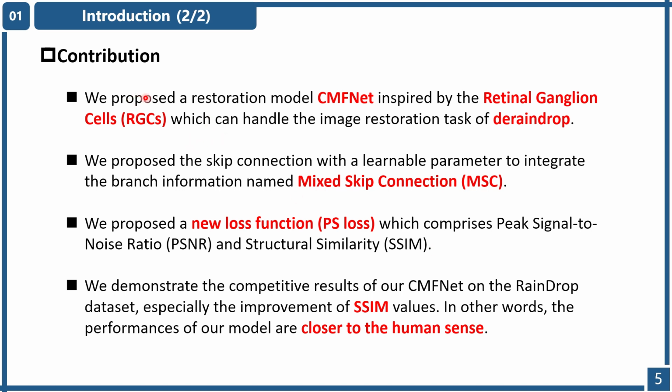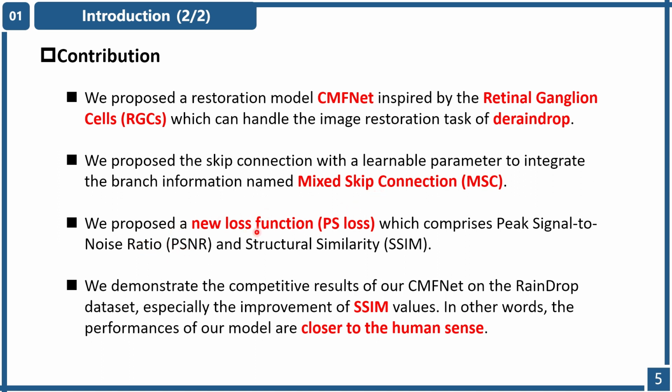In terms of contributions, we have several key points to highlight. First, we introduce a novel restoration model called CMF-net, inspired by retinal ganglion cells (RGC), designed specifically for the image deraindrop task. Second, we introduce mixed skip connection (MSC), a mechanism featuring a learnable parameter to integrate branch information efficiently.